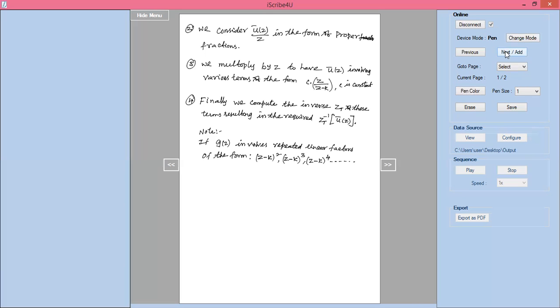We need to take into account the corresponding inverse Z transform terms in the numerator.